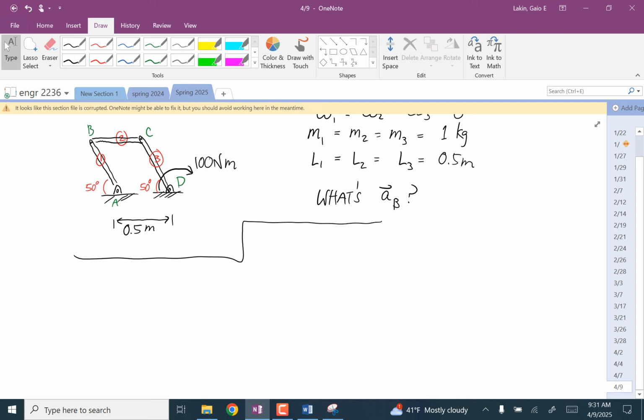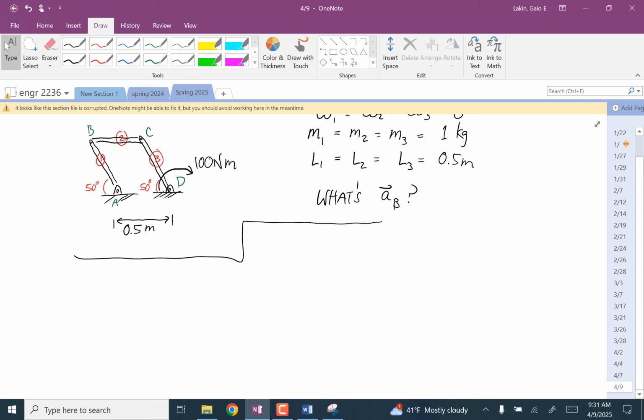Does member 3 have a fixed point? Yes. So how many equations? 1. So we have a total of 5. And now we have to think about the constraints. So at B, we don't have to worry about the constraints at A or D, because those are already built into our equations.